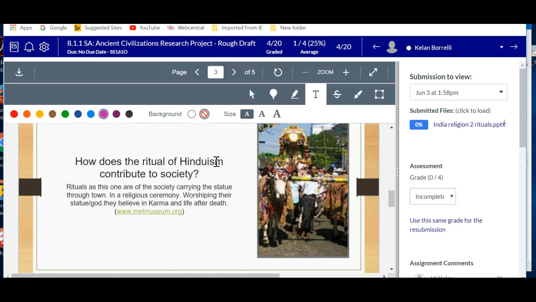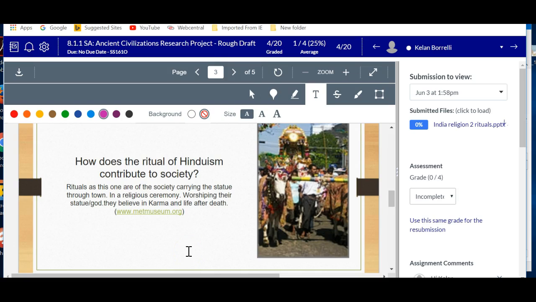Which Hindu ritual contributes to society? Is that what you mean? Or do you want to explain what this ritual of carrying a statue through town is called? You probably want to find the name of this ritual, okay?